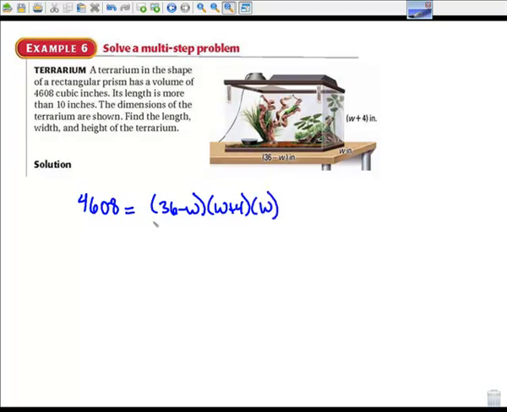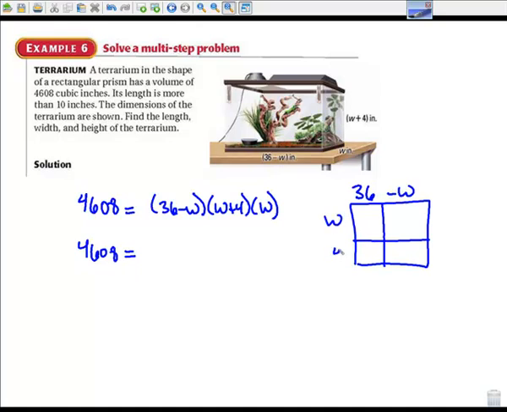So this is very similar to the problem that you had on your quiz. I'm going to go ahead and multiply these. 4608 equals, when I do this, I'm going to just use the box method real quick. I have a 36 minus W and a W plus 4.